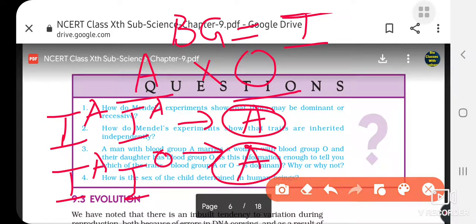And if we say that the mother is with blood group O, that means she must be having this allele combination. Now here there is a chance of 50% the progeny will have blood group A and 50% of the progeny will have blood group O. When the father's blood group is IAIO and the mother is IOIO, let me show you the cross.